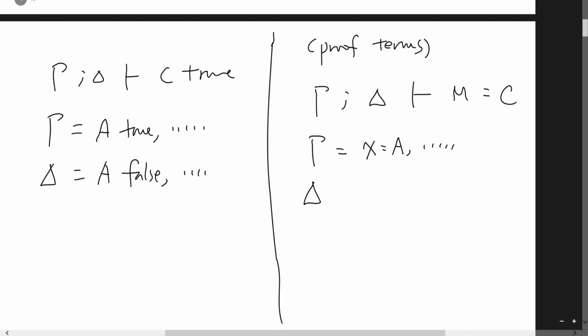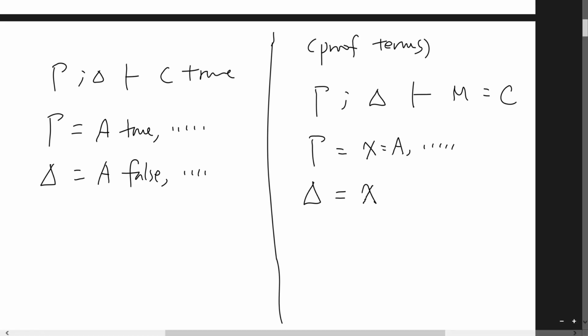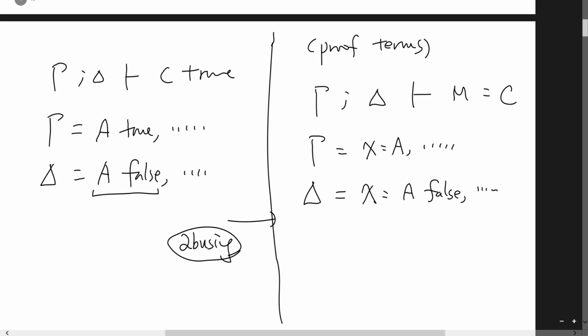And for delta, we use this notation: x has a type A false. So we are currently abusing the notation. Here, A false stands for A is false, it's a judgment. But here, A false is a type.